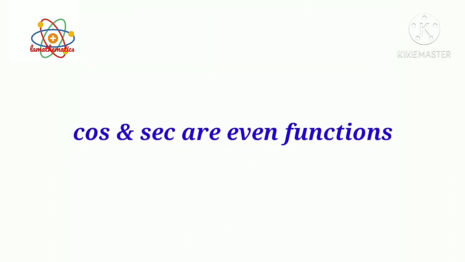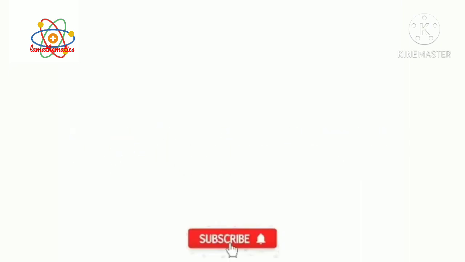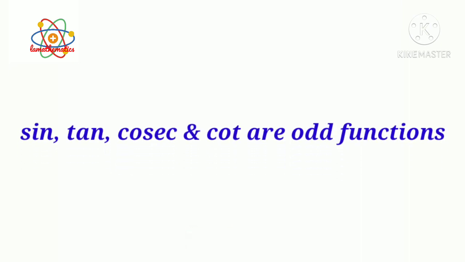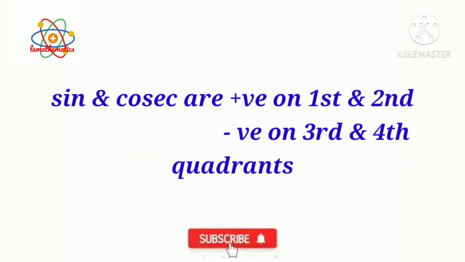We can conclude that cos and its reciprocal sec are even functions, while other functions, that is sine, tan, cosec, cot, are odd functions. Also, sine and its reciprocal cosec are positive on first and second quadrant and negative on third and fourth quadrant.